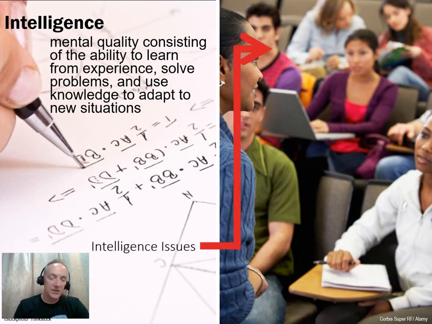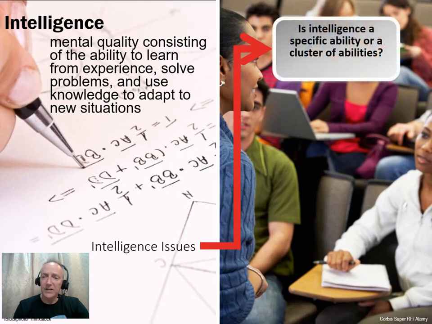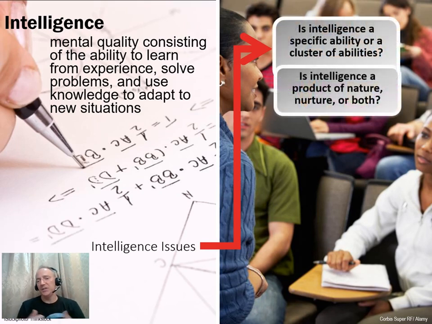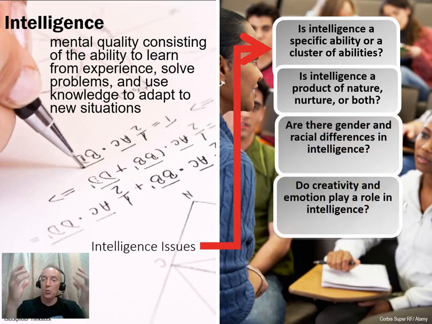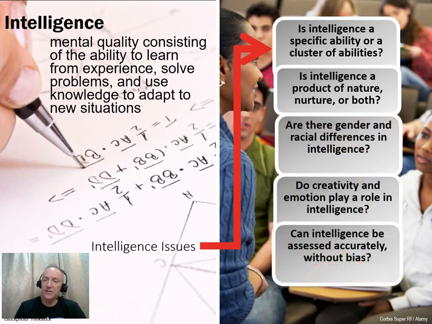So we're going to see that different theories differ in how they think of intelligence. Is intelligence one thing, or is it a bunch of different things? Where does it come from? Are you born with it, or is it a result of the experiences you've had and the books you've read?